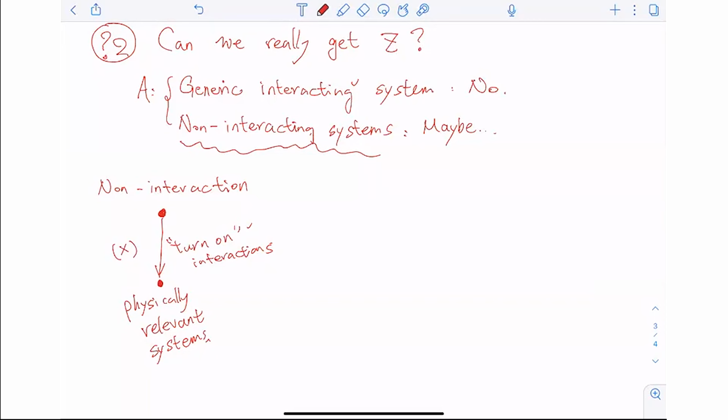Okay, so if it is non-perturbative, usually that means you cannot go from the non-interacting limit to capture these non-perturbative effects.